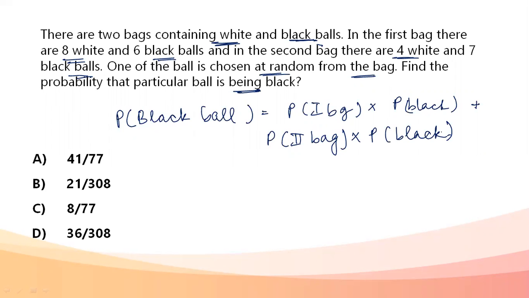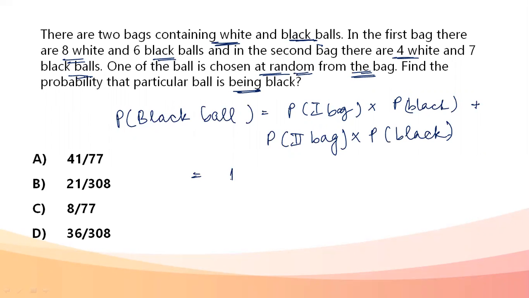This is how we're going to do it, because there are two bags given to me. So there is also going to be probability of selecting a bag involved. Because it is given that any ball is selected at random, so for that random selection, there has to be selection of bag as well.